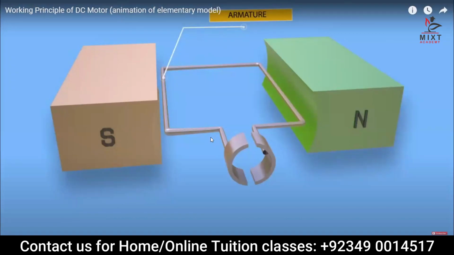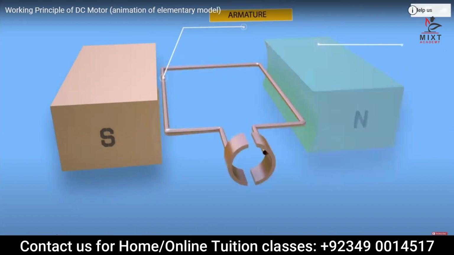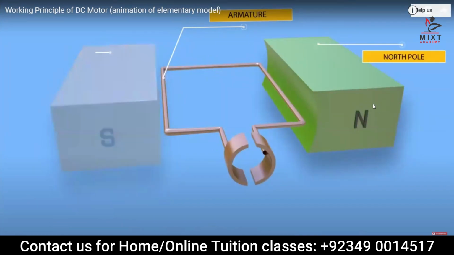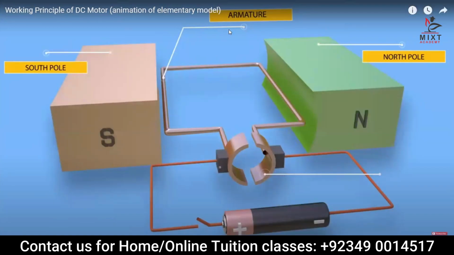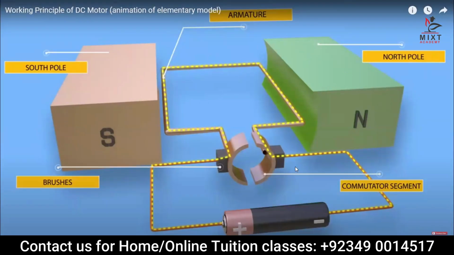Along with that, there is a wound coil on it. This is the North Pole. This is the South Pole. This is the armature. This is the battery. And this part is called your commutator segment.